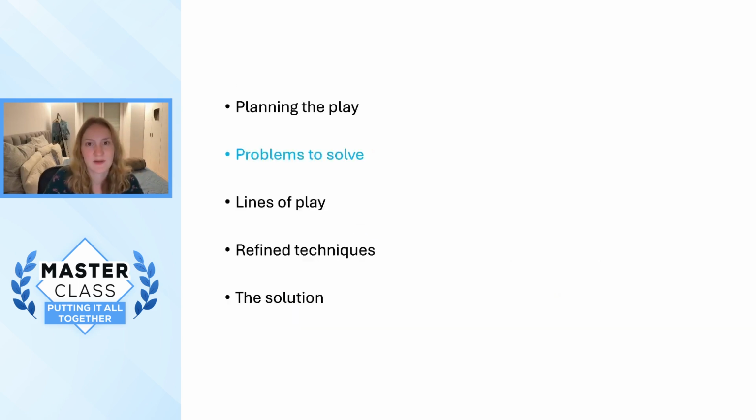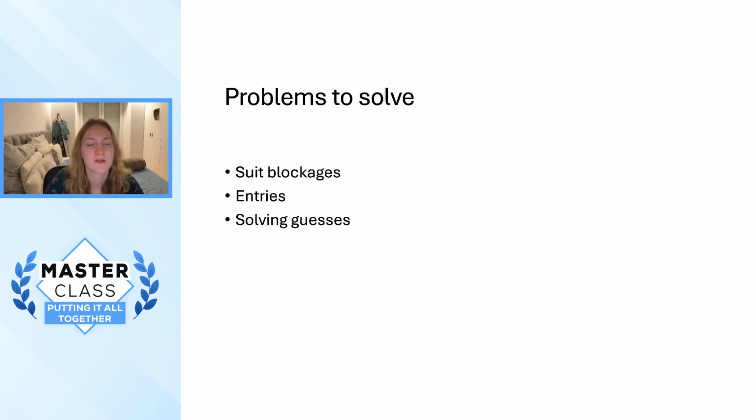Right, let's think about the problems that we're going to need to solve. First of all, let's think about it in the context of the masterclasses that we've covered. So things that we thought about that might be problems are things like suit blockages, which is where you have honours or very big cards that are getting in the way of cashing all the tricks you have available in a suit. Entries in general, which are kind of related.